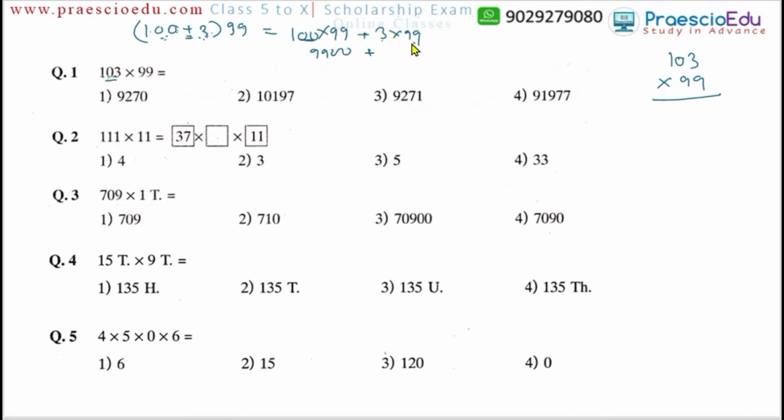Now in this one you can multiply separately 99 multiply by 3, or we can say 99 is very near to 100, multiplied by 3. Now this we can easily calculate. So this is 300, but this is one lesser than 100, means 1 multiplied by 3, 3 is there.